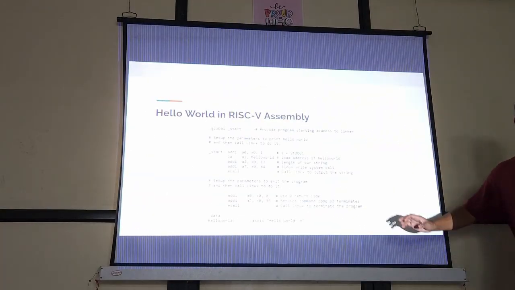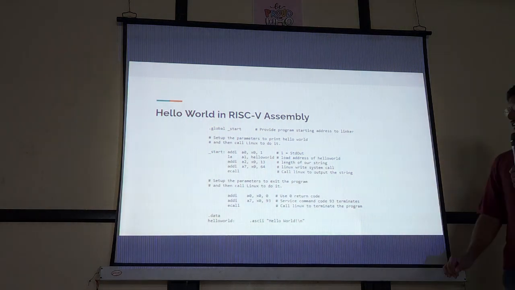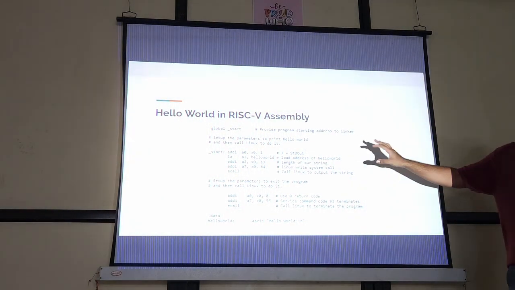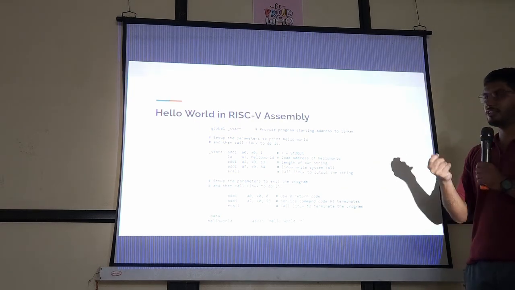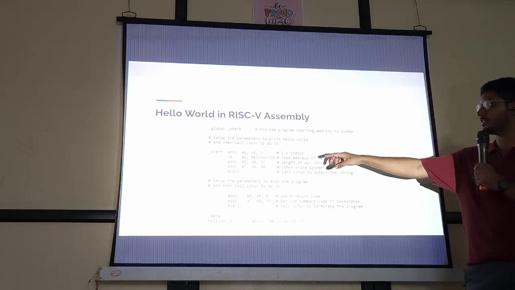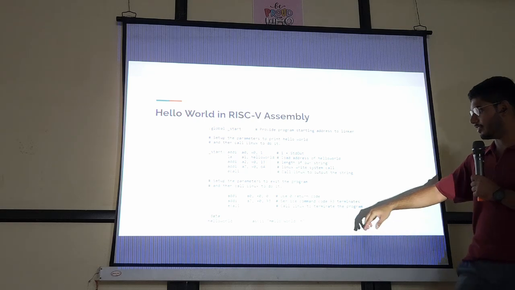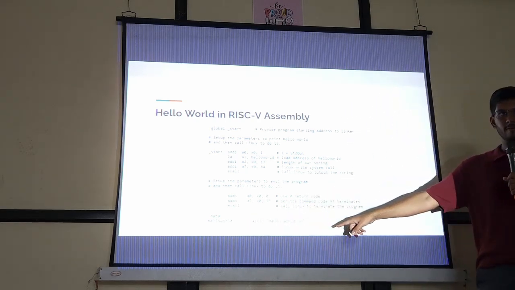So this is the RISC-V Hello World in RISC-V assembly. Here I won't go into actual depth, but just like every assembly, it has a global _start. We provide a starting address to the linker, and here we define the hello world tag.